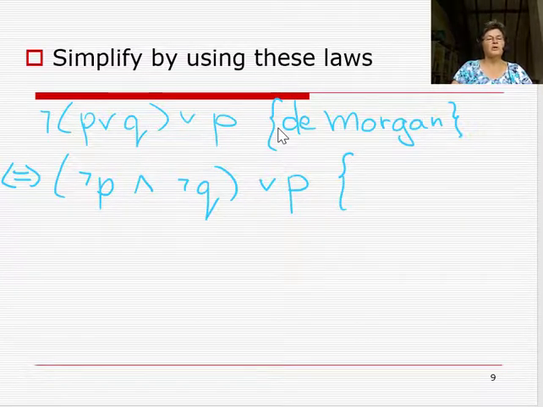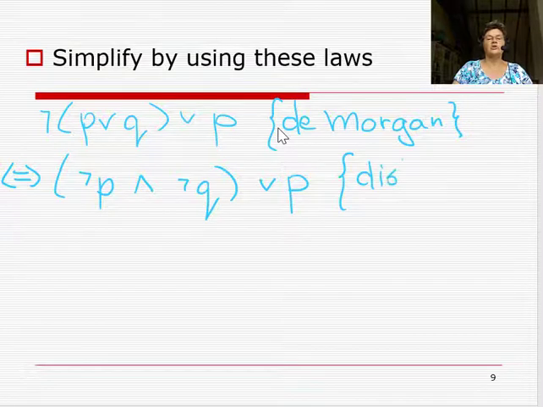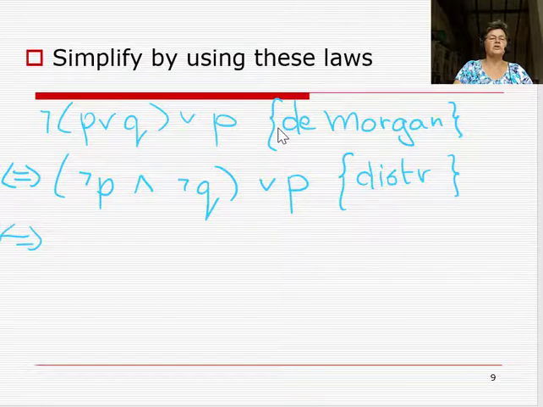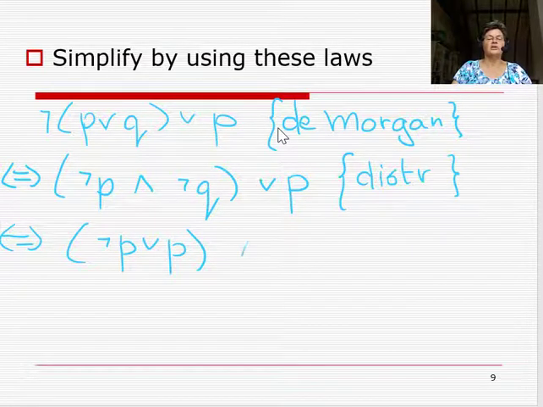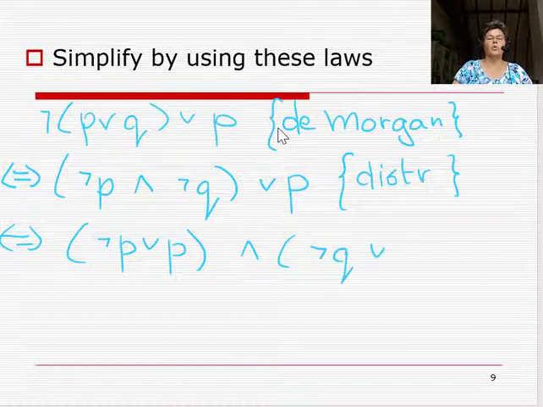Maybe the distribution law comes to mind, because I have an or and an and between brackets. So distribution law. This will be equivalent with, okay, not P or P. So we have this or into the brackets. Then we leave the and, we have not Q or P.